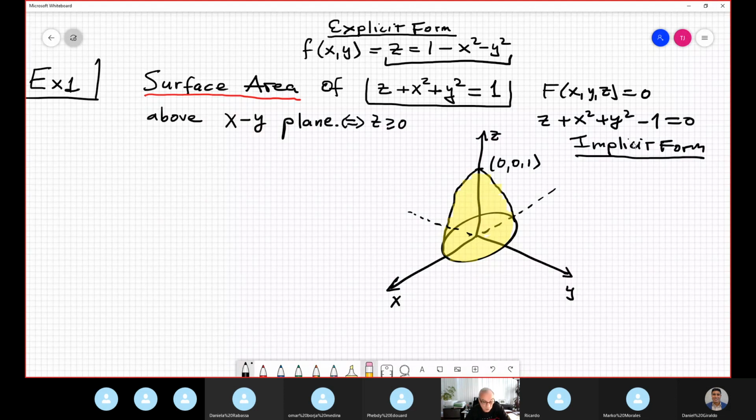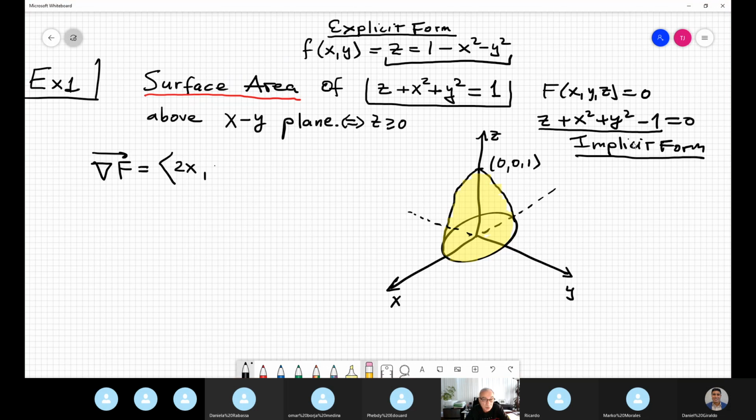Suppose implicit. In implicit, the formula, you compute the gradient of capital F. For the gradient of capital F, you differentiate partial derivatives of this expression: with respect to x, 2x; with respect to y, 2y; with respect to z, 1.